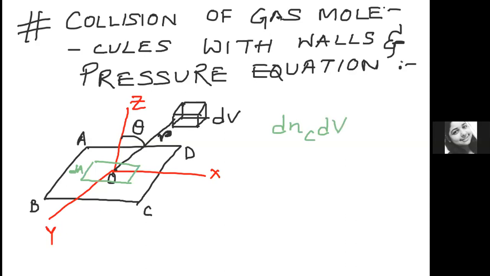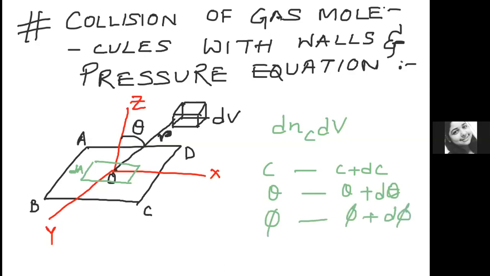Here dn_c represents the number density of molecules with velocity about c. These molecules move with velocity between c and c plus dc, and direction between theta to theta plus d theta and phi to phi plus d phi.